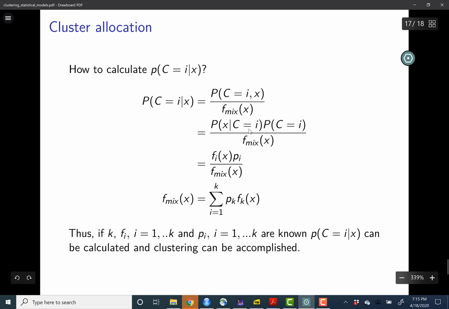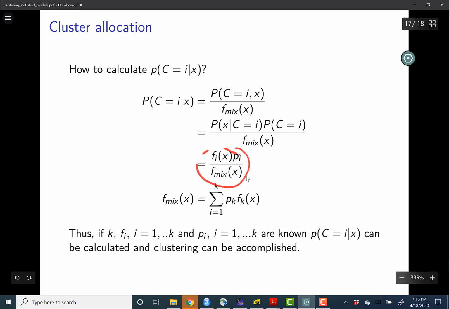But for X given C equals i, we know that the density is just f_i, right? Because if X is in the ith cluster, its density is just f_i. Times the probability of C equals i, which is just pi_i. So the conditional probability is given by this particular formula.